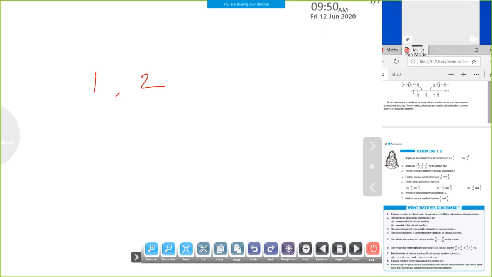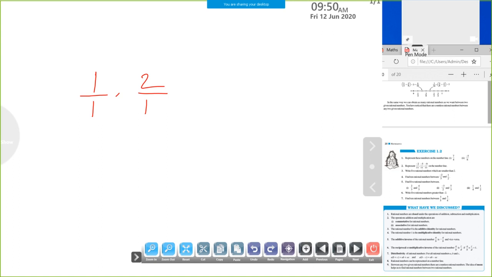This you already learned in class 7. First thing, make both the numbers with the same denominator. So we can consider this as 1 by 1. This is 2 by 1. So already the denominator is the same. But can you find the numbers between 1 and 2? You cannot find 2 integers between 1 and 2.